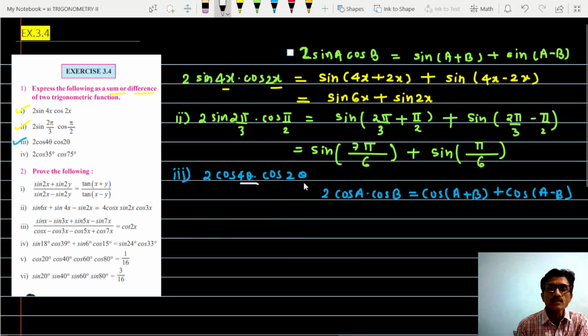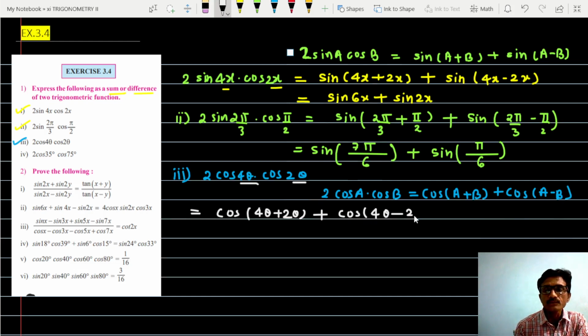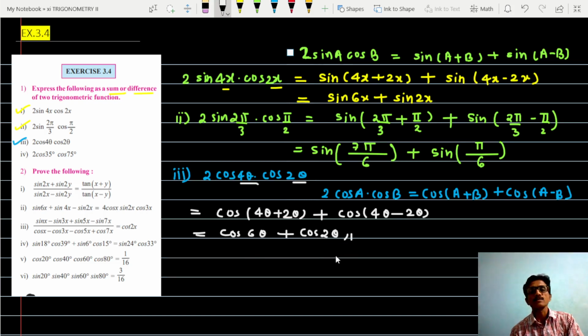This is a and this is b, so it is cos of a plus b, 4 theta plus 2 theta, plus cos of a minus b, which is 4 theta minus 2 theta. This is equal to cos of 6 theta plus cos of 2 theta. Yes, it is expressed as sum of two trigonometric functions.